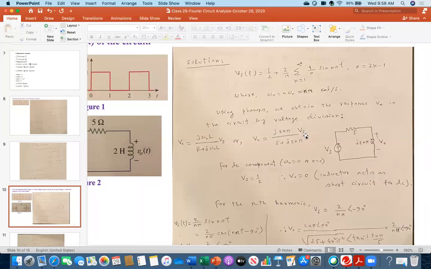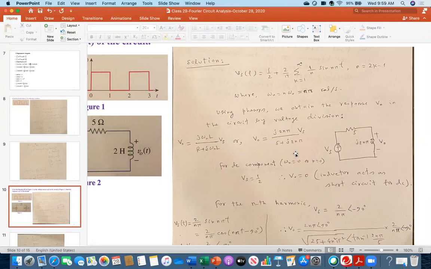But everybody now concentrate on Vs. What is Vs? Vs will be this term. Now Vs has two components. One is the DC part, half, and the next part is this part. First, look, if Vs is half for the DC component, what is the frequency for DC?